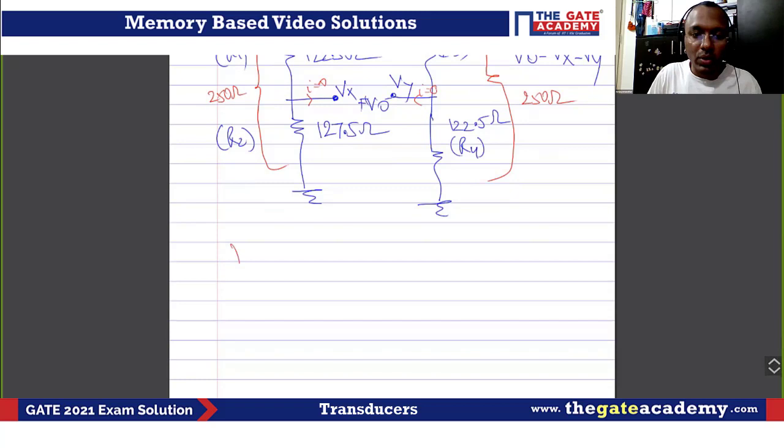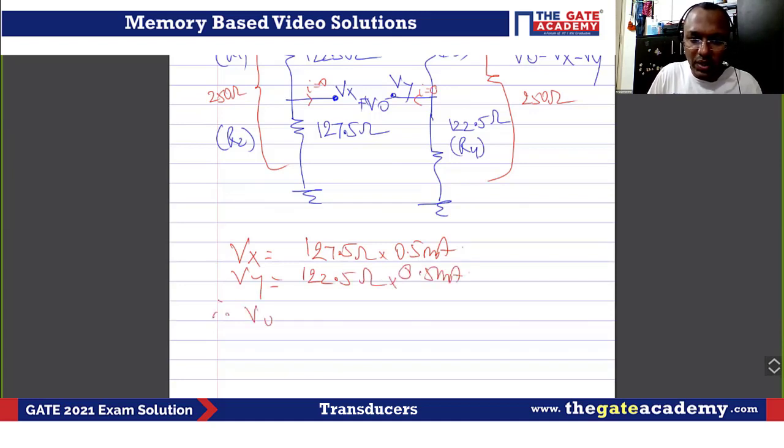Okay. So what is Vx now? Vx is 127.5 ohms into 0.5 milliampere. What is Vy? 122.5 ohms into 0.5 milliampere.